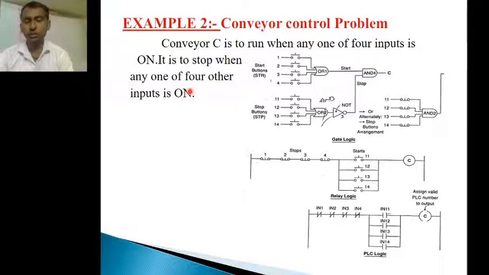Any of the 4 other inputs means again OR gate, but here the condition is to stop. That means after the OR gate we can represent one NOT gate.